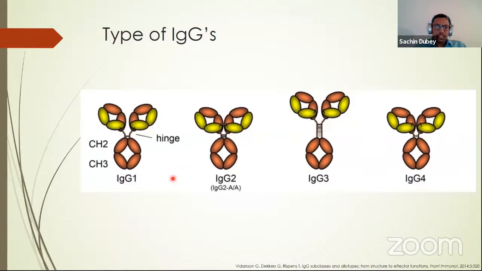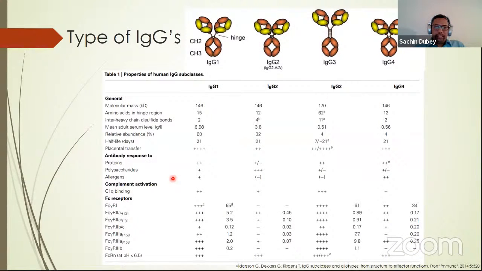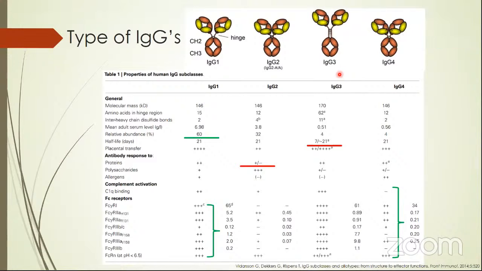Here is a summary of their properties and the key differences between IgG1 to 4. Let me go with IgG3 and 4, which are the least used in the biopharmaceutical industry, and there are reasons for that.